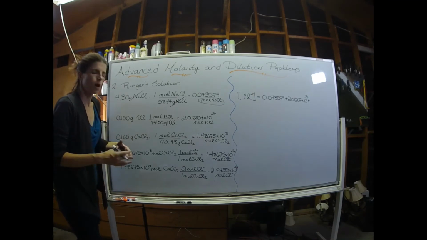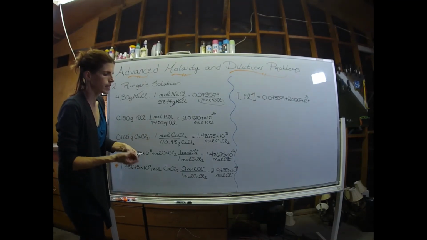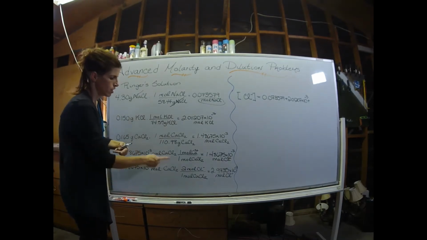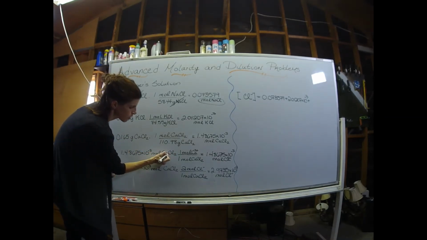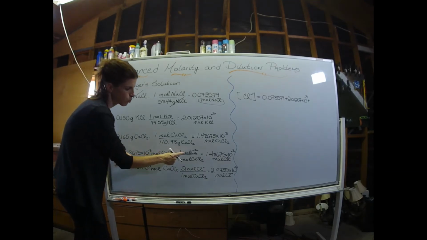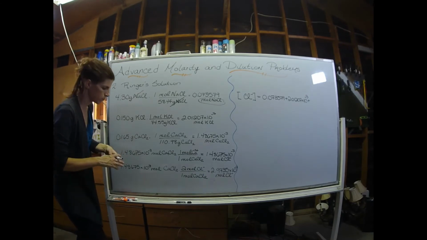Whenever you're thinking about what's going on with individual ions, you want to utilize those conversion factors that you can create from your formulas. So to figure out what's going on with calcium, I saw that there's a subscript of 1 that's understood with calcium. So I was able to say that there's 1 mole of calcium ion per every 1 mole of calcium chloride.